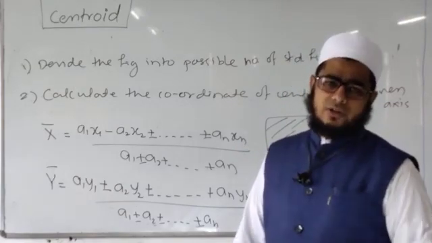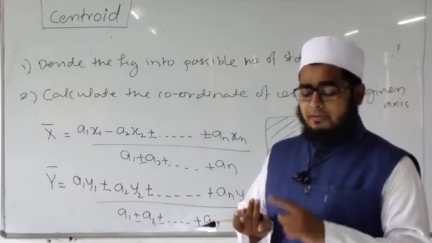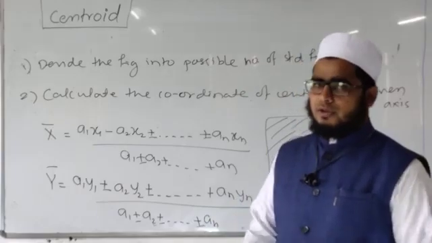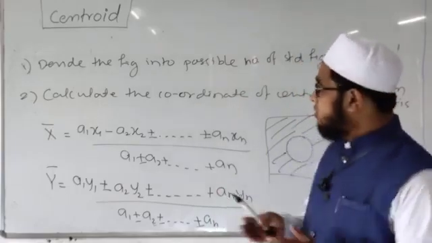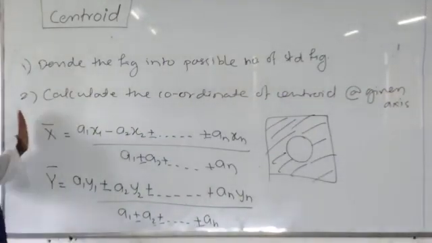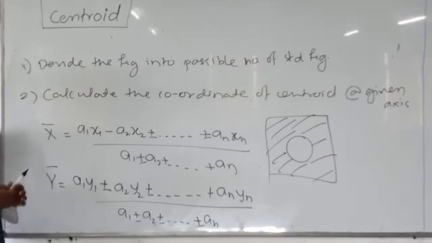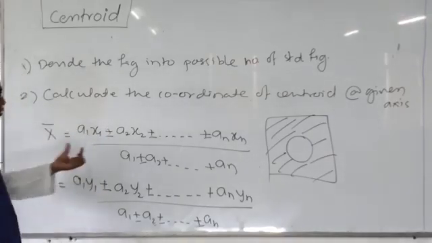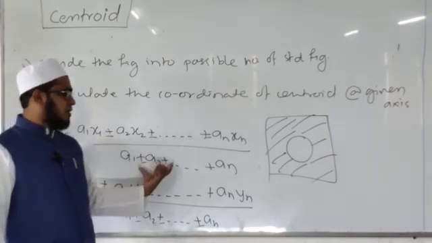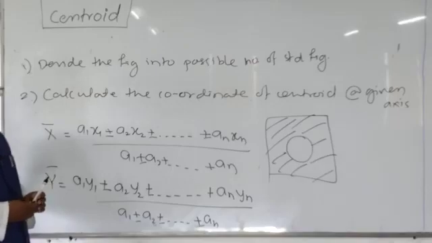After calculation I will use this formula: x bar equals a1 x1 plus or minus a2 x2 plus or minus up to n number, divided by a1 plus or minus a2 up to n number. Similarly for y bar I will use the formula.